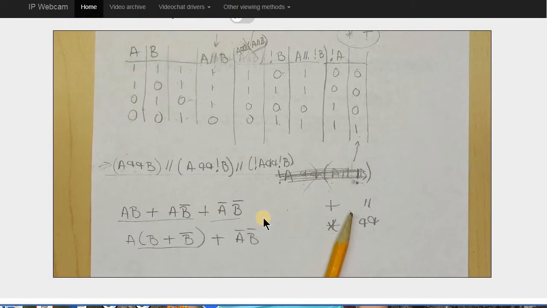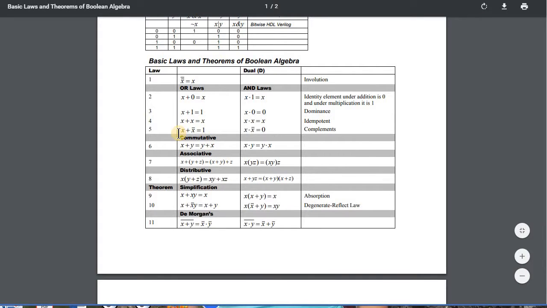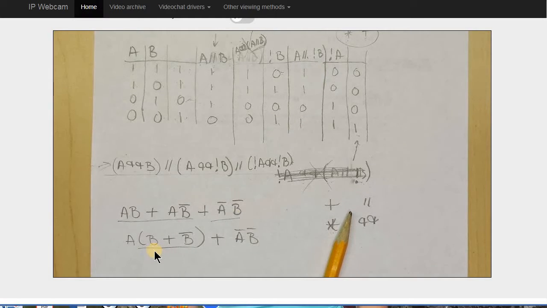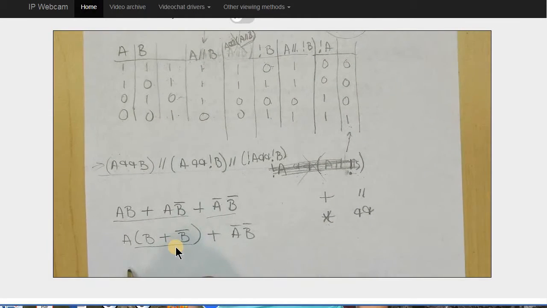This part here, well, let's look at our laws. What does that do to us? It says here, if I have an x or an x not, that equals 1. So this is a x or x not, or b not in this case. So I know that this is equal to 1. So it's going to be a 1 or a not b not.